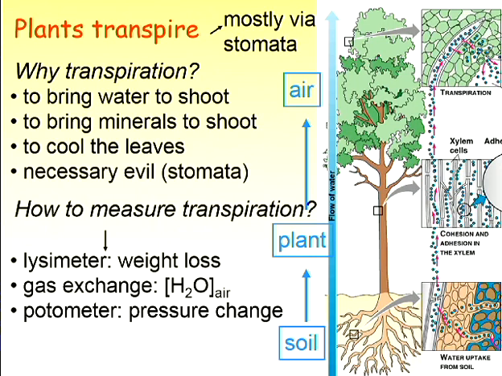It's a closed system, so when this plant transpires, it's going to suck on that water, and this gas is going to expand because the water is going into the plant, and that reduces the pressure in the tube, and that's going to be measured. So the more the plant transpires, the lower the pressure gets, and the potometer gives you that pressure. So that's another way to measure transpiration by plants.